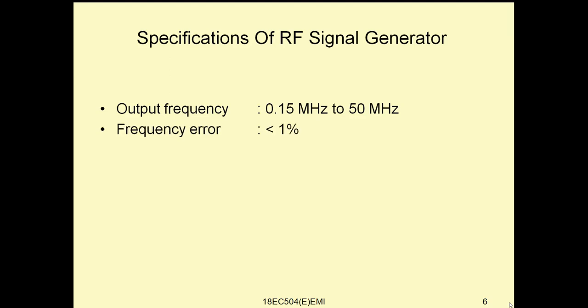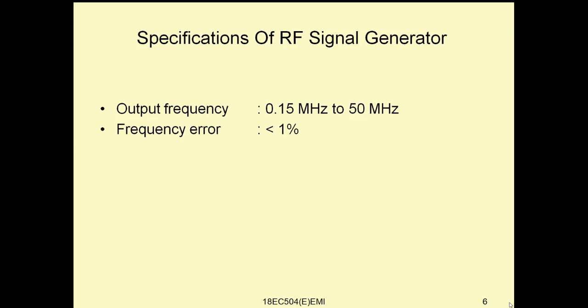Next, the frequency error is less than 1%. If we are generating a signal of 10 megahertz with a frequency error of 1%, it can generate from 9.9 megahertz to 10.1 megahertz.